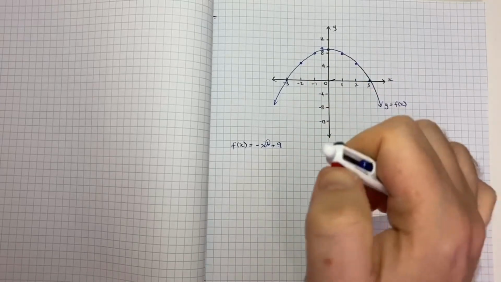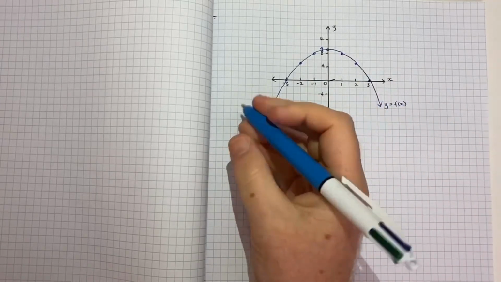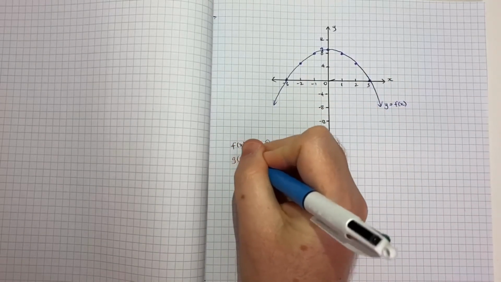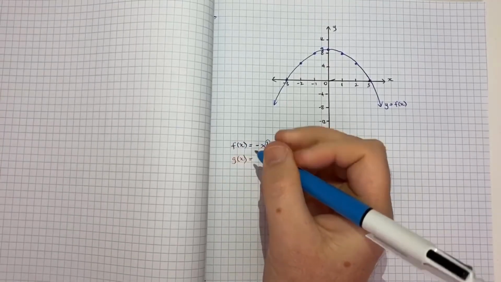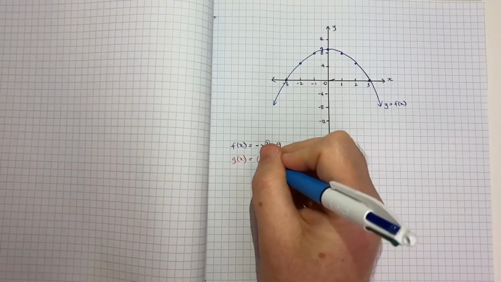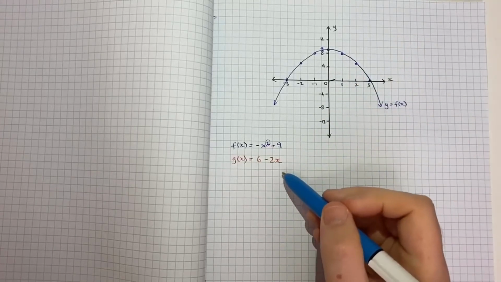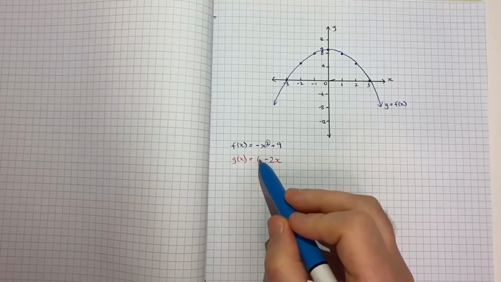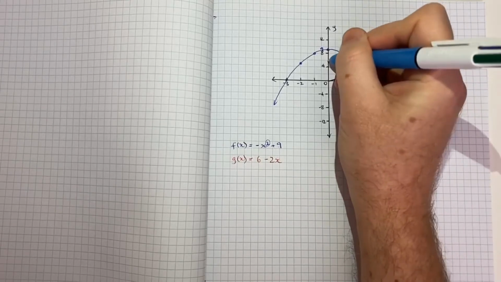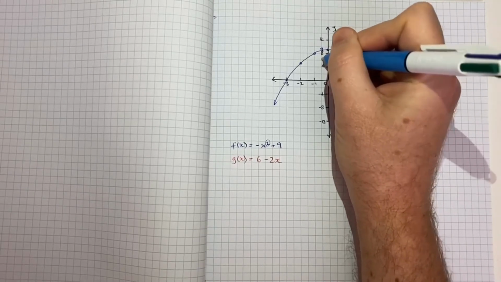Okay, for the second function, I might pick a different colour. So we had g(x) is equal to 6 minus 2x, okay. Same process, when x is 0, 6 minus 0 is 6. And I'll label that.